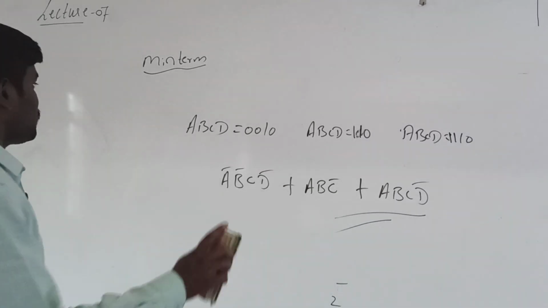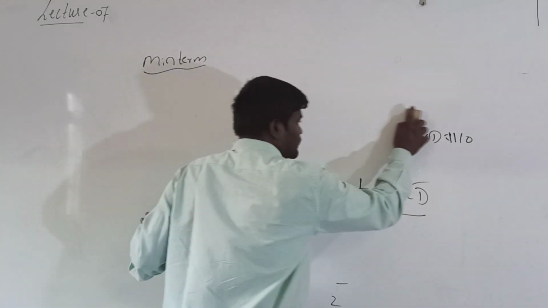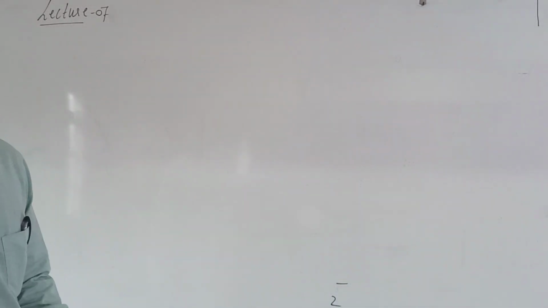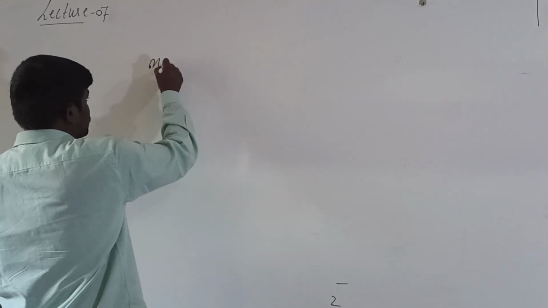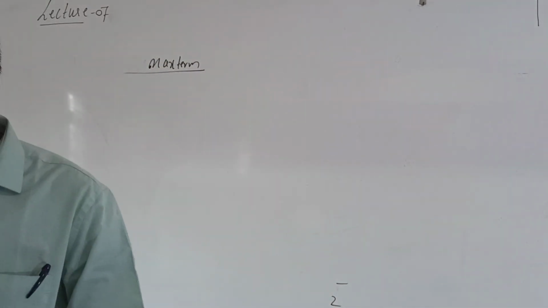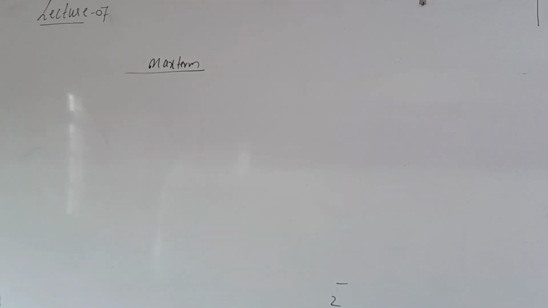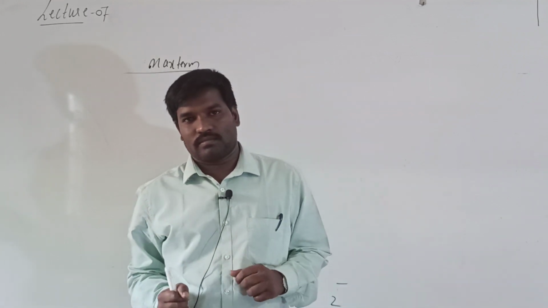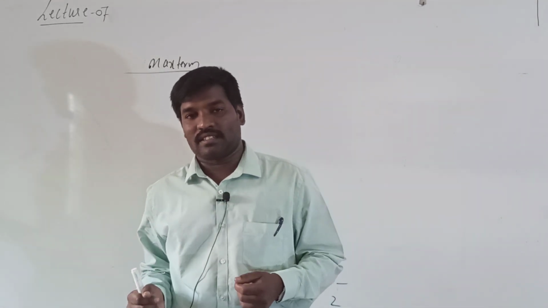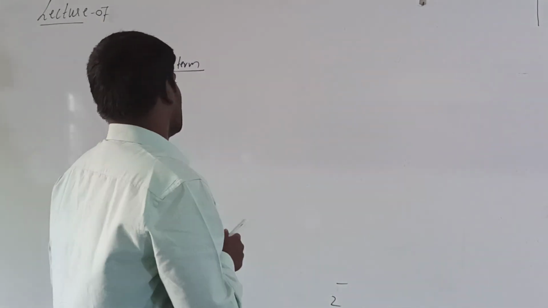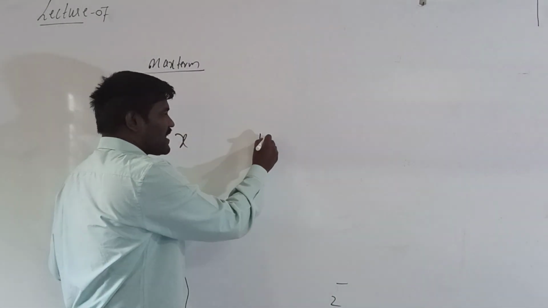In the same way, max term. First of all, min term means it is the product of the literals. Here max term means sum of the literals. Okay, again same with respect to x and y.